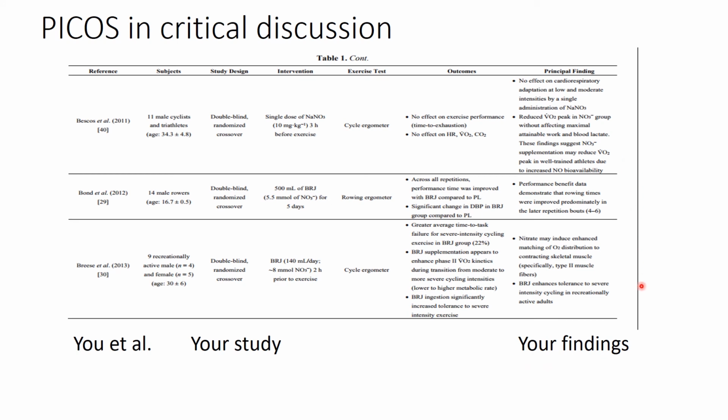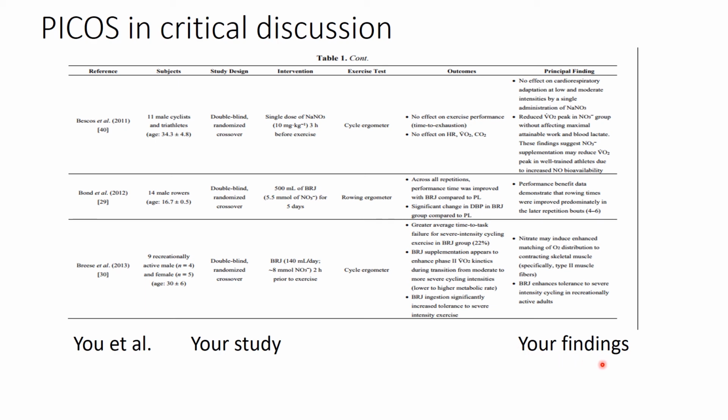So now your discussion is probably going to take the form of one of agreement because your study agreed with the majority of the literature. So when you're writing, you might use phrases or terms like, the current study found a positive beneficial effect of nitrate supplementation on exercise performance. This agrees with the majority of literature that's also found it to have an ergogenic effect.